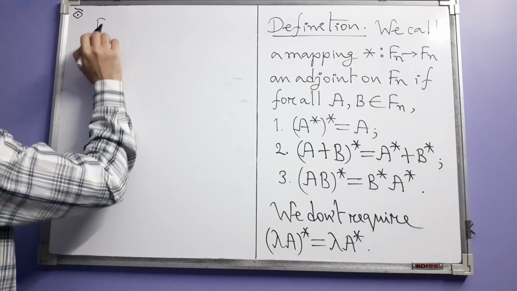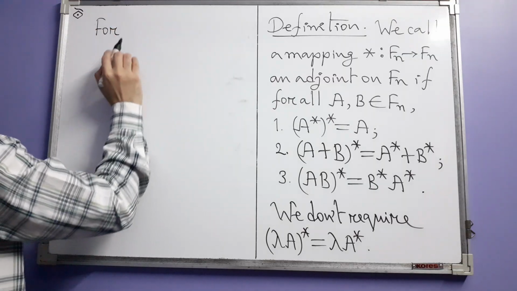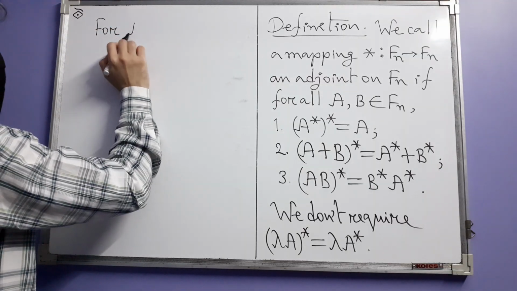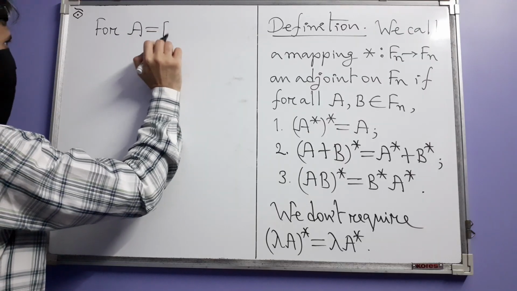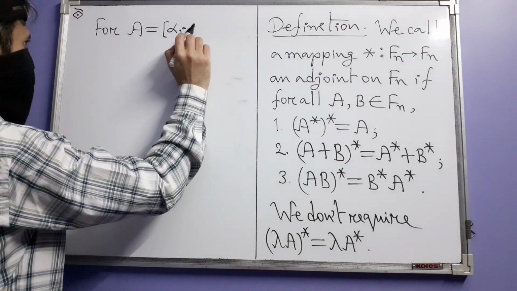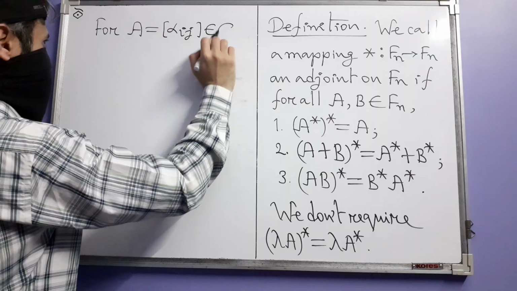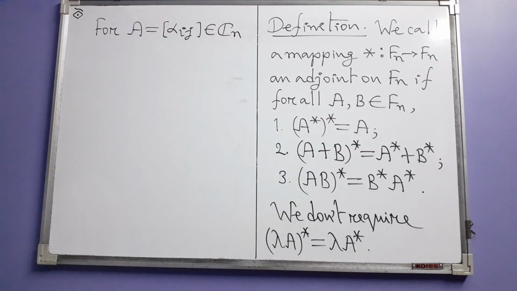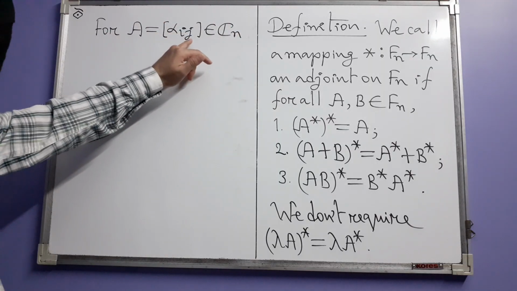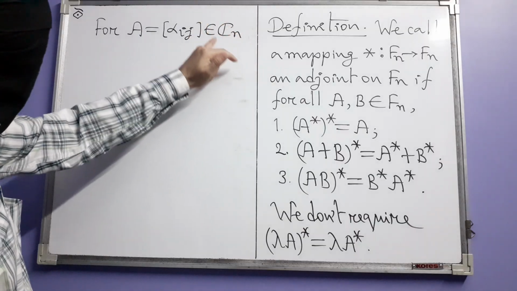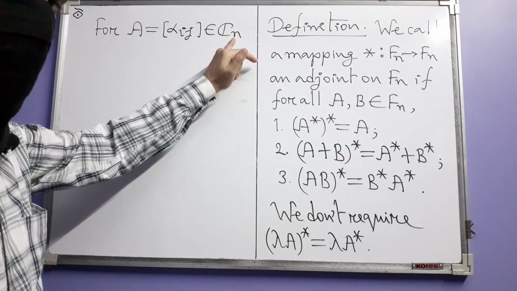For a matrix A whose ith row jth column element is alpha ij, and it's a matrix with complex entries, n by n matrix.